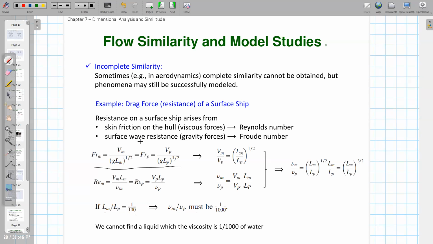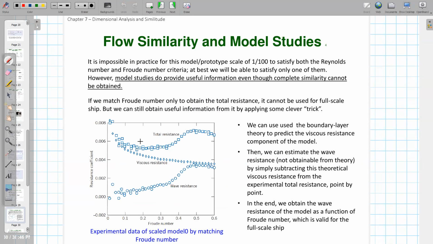How do we do that? So this is something we can do here. First thing, we just make sure that the Froude number is the same. We only match the Froude number. And then we assume that in our experimental study of this drag force, this total resistance is what we measure.